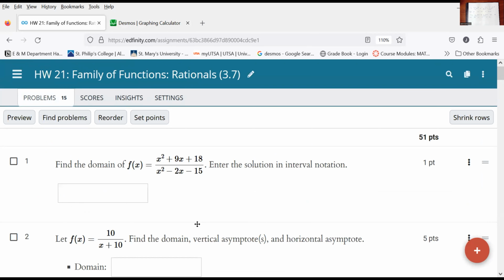You remember how to find the domain of a rational function? Or any function. Well, let's do it on paper. I'll just copy this down and we'll do it.